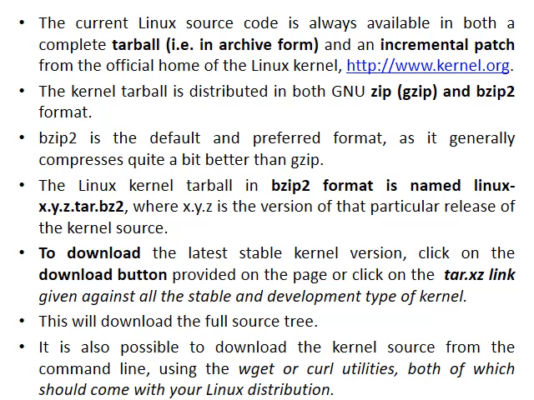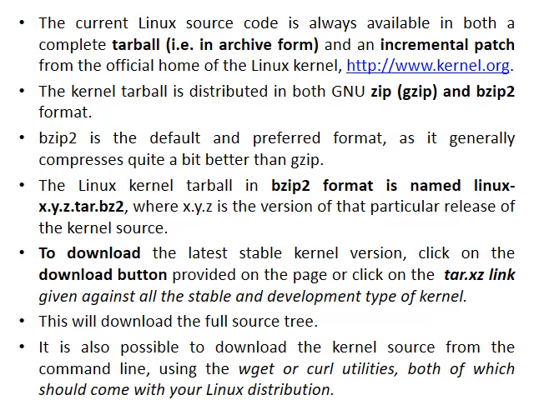They can be either gzip or bzip2. These are the compressed formats which we have already discussed in detail, and how we can get the uncompressed format we have already taken up in the first or second unit. bzip2 is the default and preferred format, as it generally compresses a bit better than gzip.